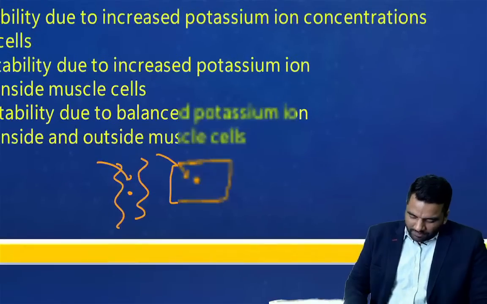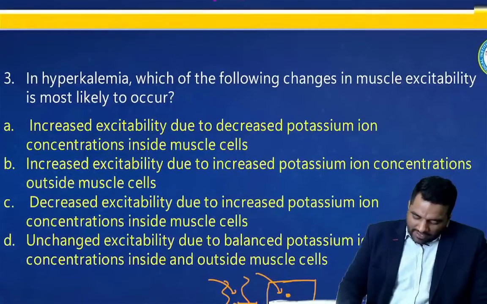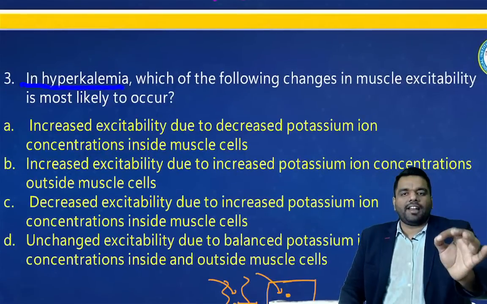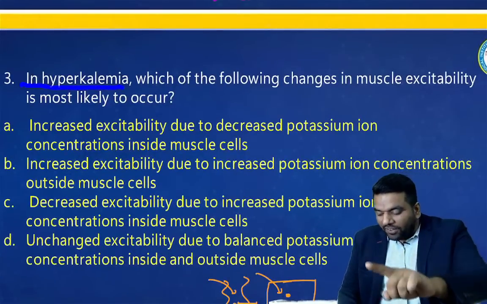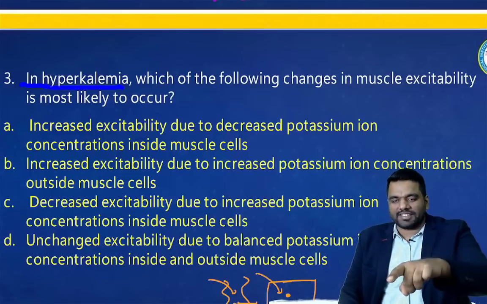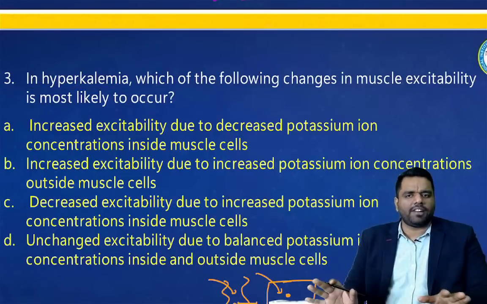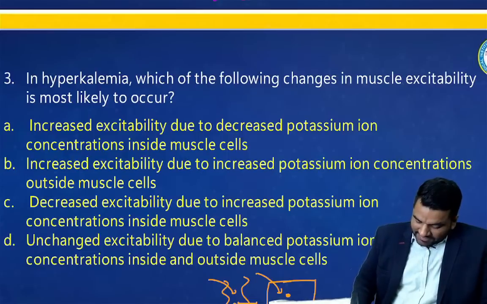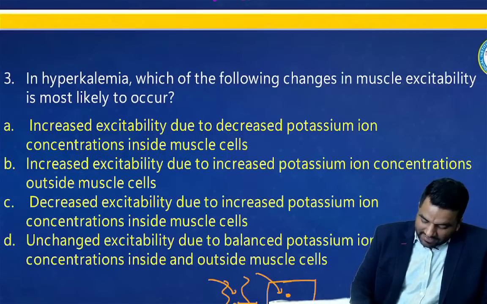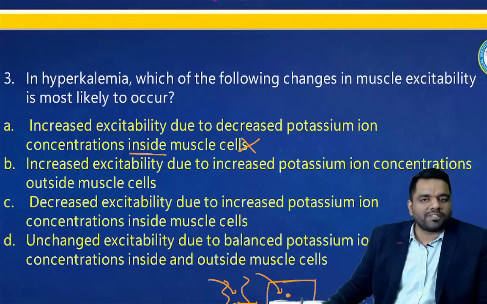So hyperkalemia means more potassium concentration outside of the cell. So whatever is written as inside in the options, just rule it out. Here it is inside, so this option is wrong.